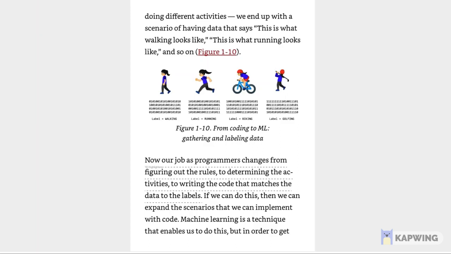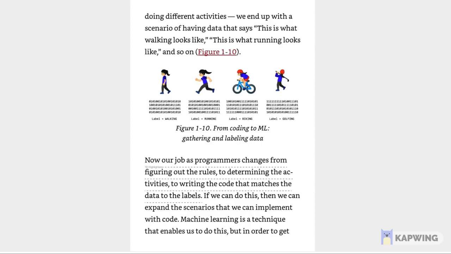Like walking, running, biking, golfing, the data is different for each and every one. So now our job as a programmer changes from figuring out the rules to determine the activities to writing the code that matches the data to the labels. If we can do this, then we can expand the scenarios that we can implement with code.